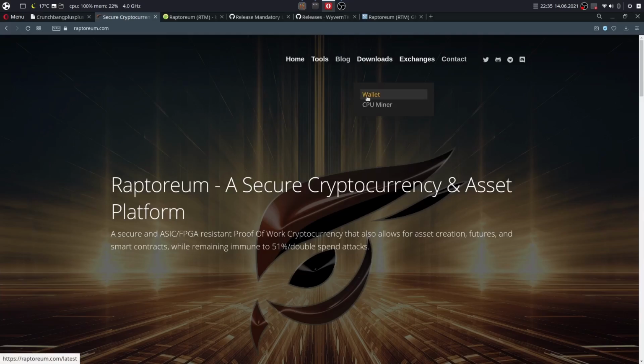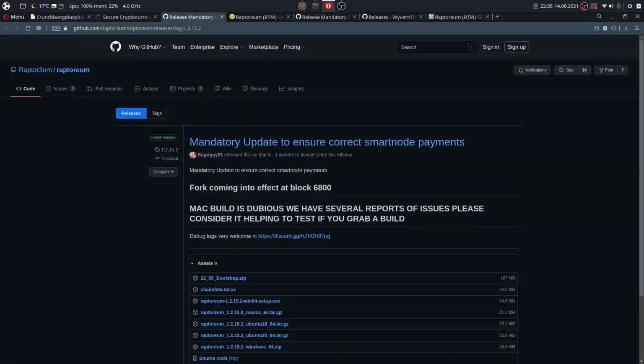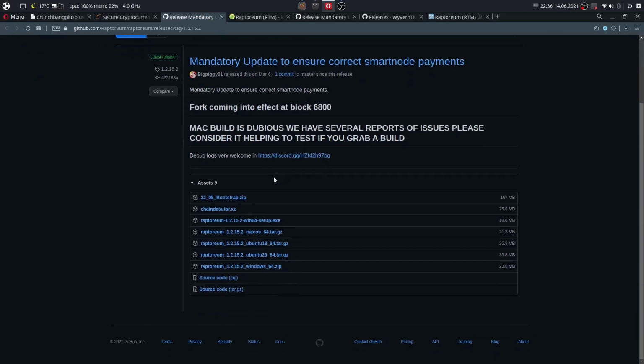Definitely we need a wallet first, to create a wallet where we can gather our Raptoreum coins. I'm on Ubuntu operating system, so I will download this one. On Windows you are supposed to download this one.